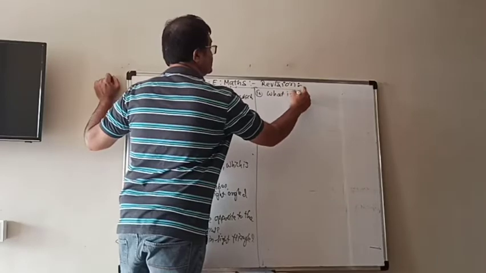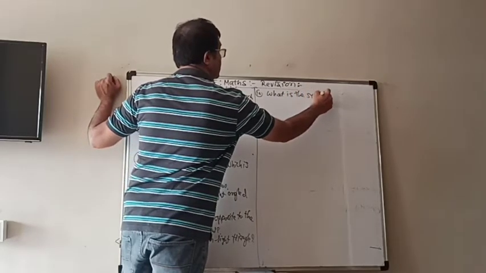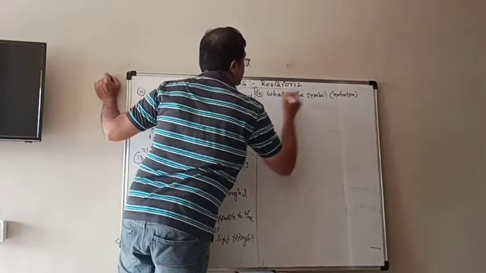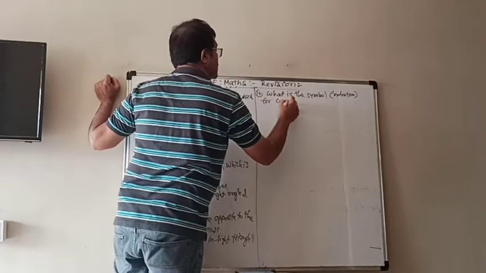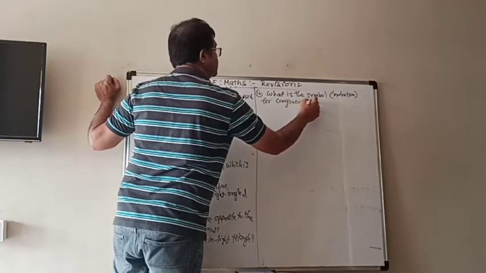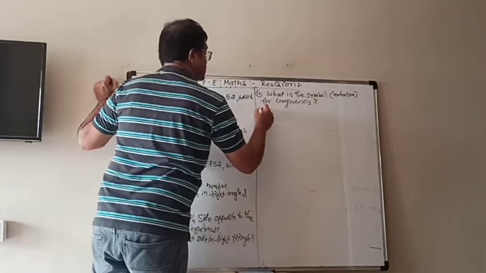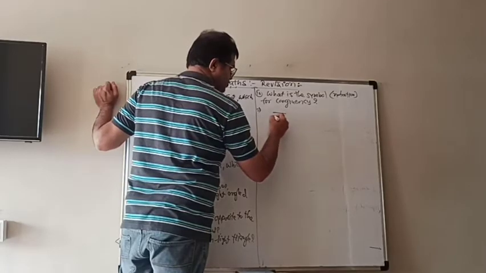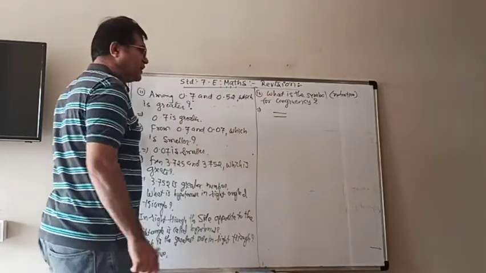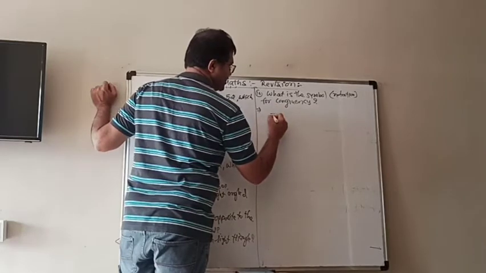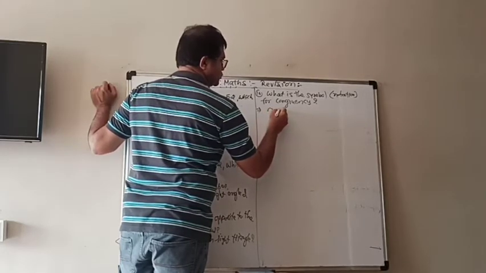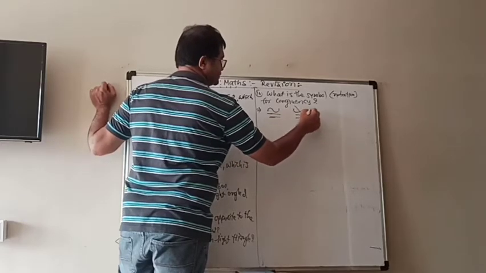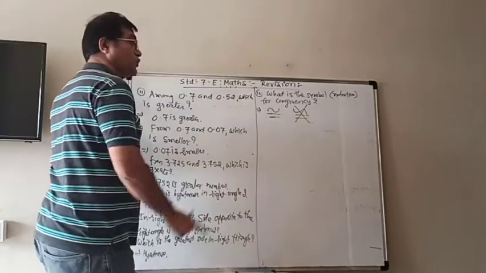What is the symbol or notation for congruency? Which symbol do we use for congruency? Remember that you have to draw the equality sign, and then on the equality sign you have to draw it like that. Remember, don't do it like that.